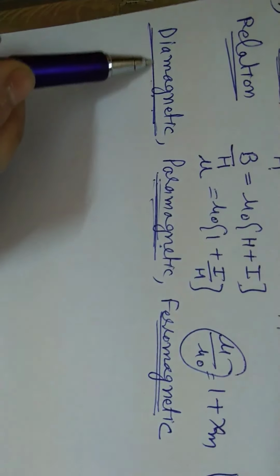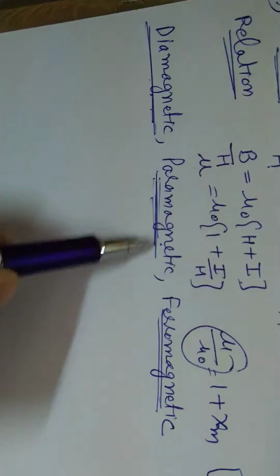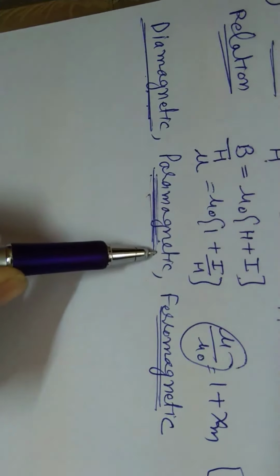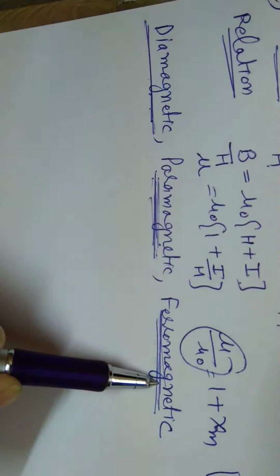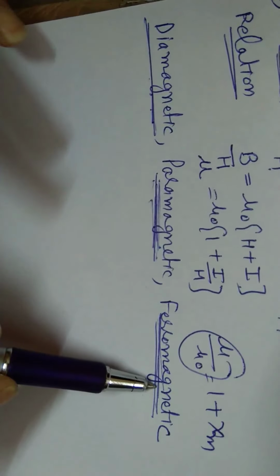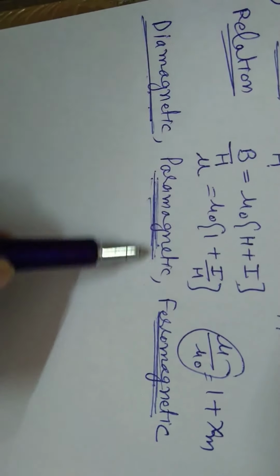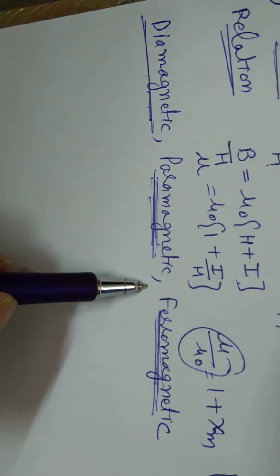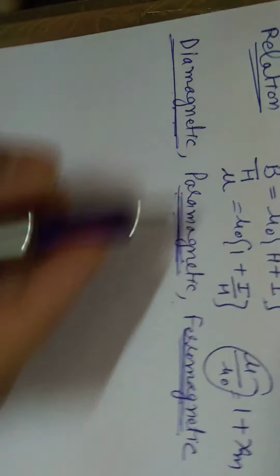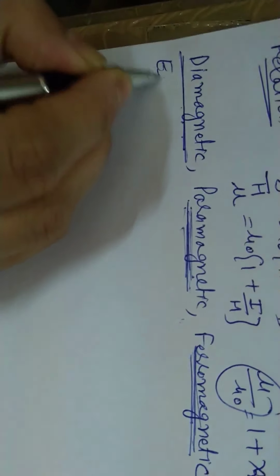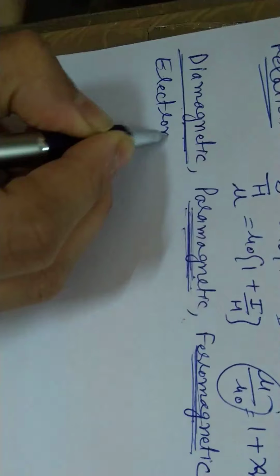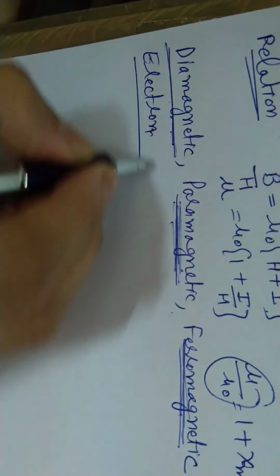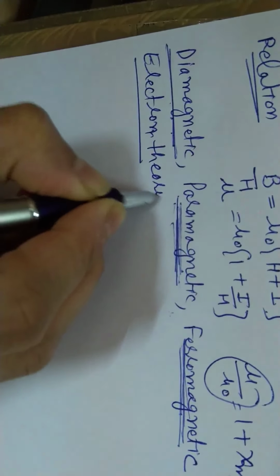Diamagnetic behavior is temperature independent, while paramagnetic behavior is temperature dependent, and ferromagnetic behavior becomes temperature dependent after a certain temperature. To describe this magnetism behavior, we have the electron theory.